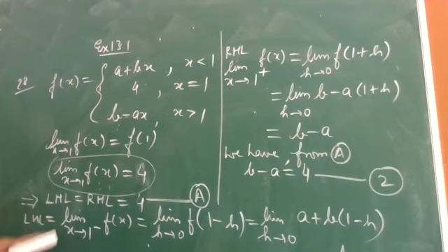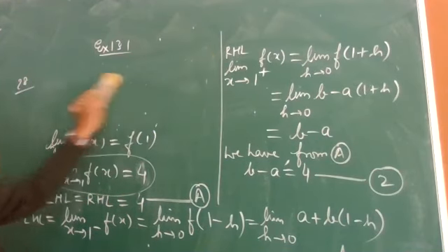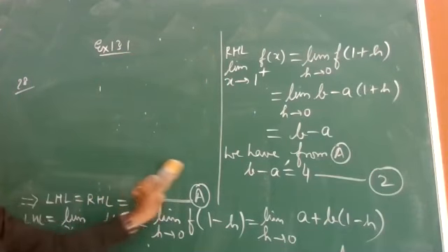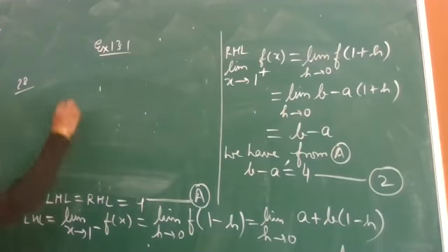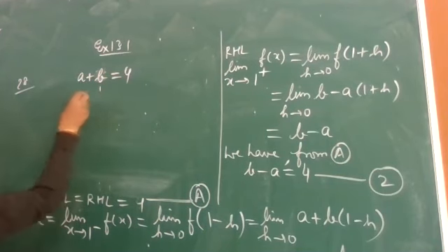Done? Okay, so we have to find out the value. Let's solve for 1 and 2 and we will get the value of A and B. A plus B equal to 4 and B minus A equal to 4.